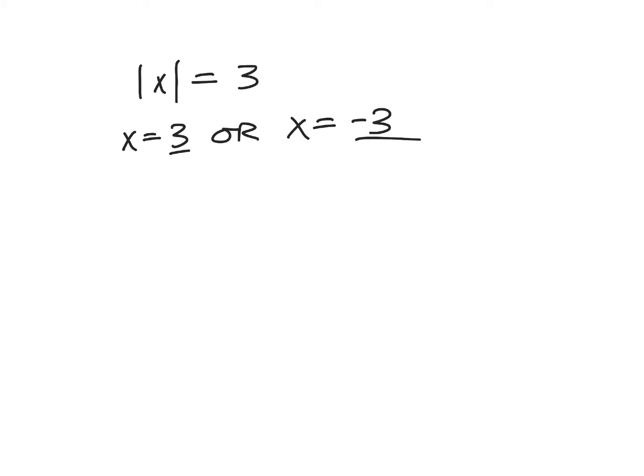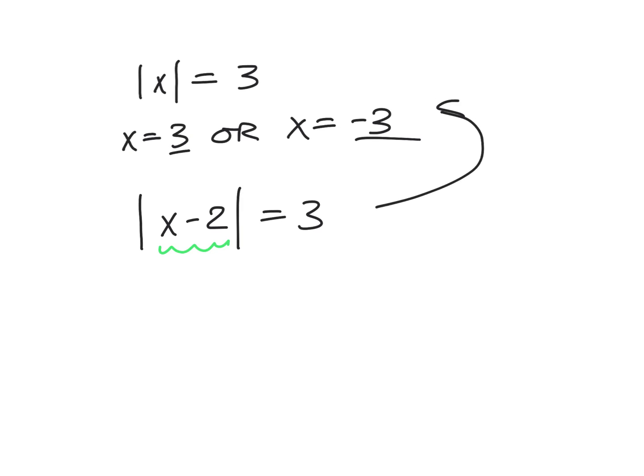Now, that's not really solving, that's just a relationship or given value. How do we do this if we actually have to solve? Let's take another example. Let's say absolute value of x minus 2 equals 3. Again, we have something in the absolute value that has to equal the value of 3. What we know is those two values from the previous problem are 3 and -3, but because I have this x minus 2, it doesn't work out that way, but we're going to set it up similarly.